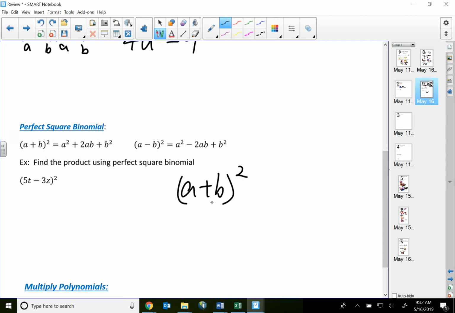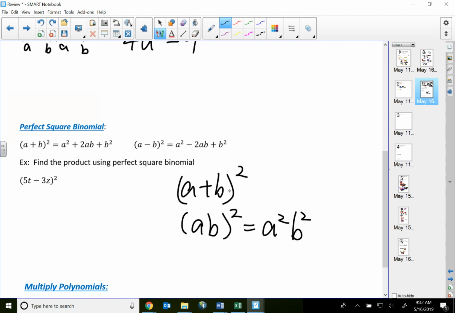If you compare this problem with the power rule from the previous video, which only has a times b with a square right here, these two problems are very different, because one has two terms in the parentheses and the other only has one term. If I only have one term in the parentheses, the whole thing squared, I can apply the power rule and say that's a squared times b squared.